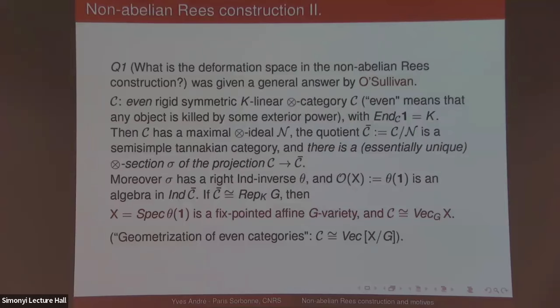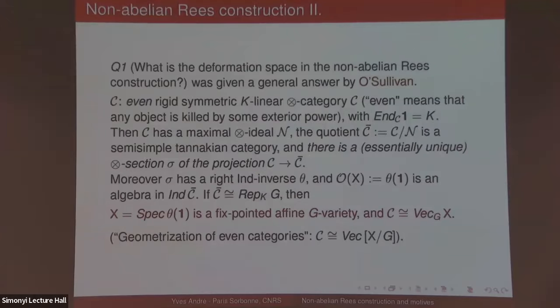And this theorem, due to O'Sullivan, one approach is due to O'Sullivan, is that the projection from C to C bar, so modding out by the tensor radical, admits a tensor section.